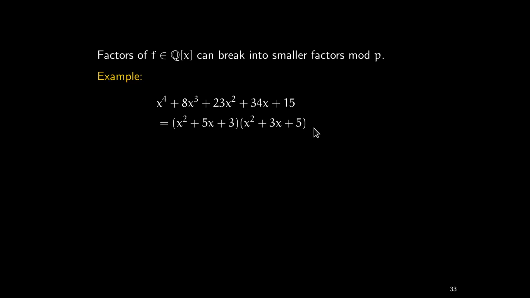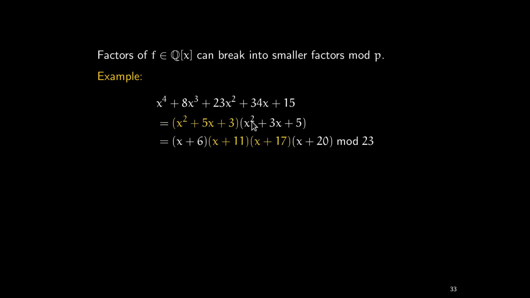So what I mean here is, if you take this polynomial and its factorization over the rationals is this, so that's what we want to determine somehow, but let's assume we know this already. But if you take this modulo a prime, for example 23, then you see this breaks into further factors.